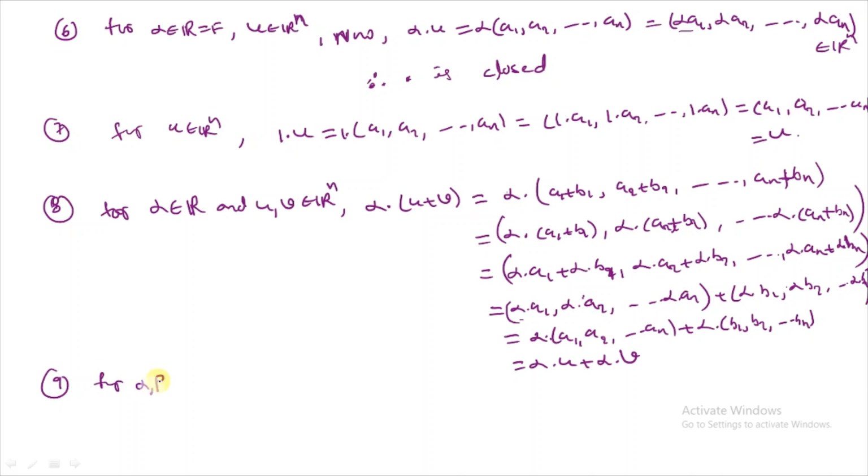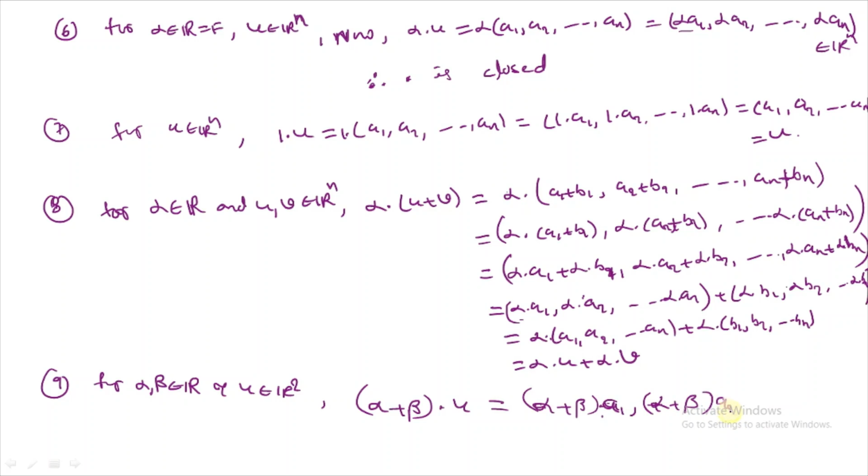For alpha, beta belonging to the field and u belonging to Rn, consider alpha plus beta dot u. Now u means u1, u2, and so on.